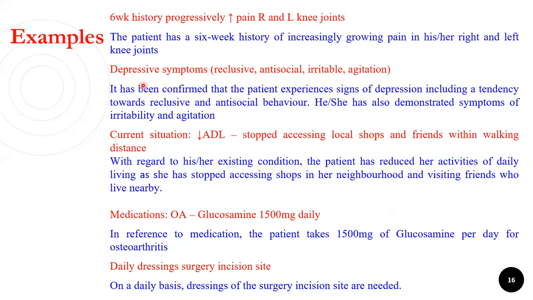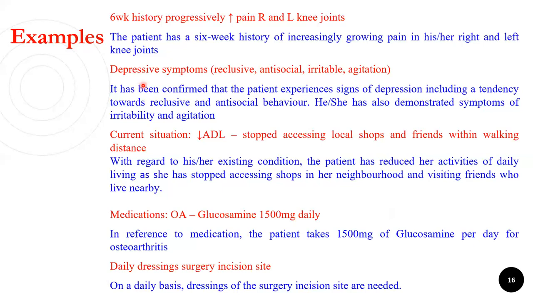You need to think about tenses or other parts of speech, adding other verbs or prepositions or whatever it is to make this a very complete sentence. So the first part, with regard to his or her existing condition, I try to add something to it before moving on to the next thing.